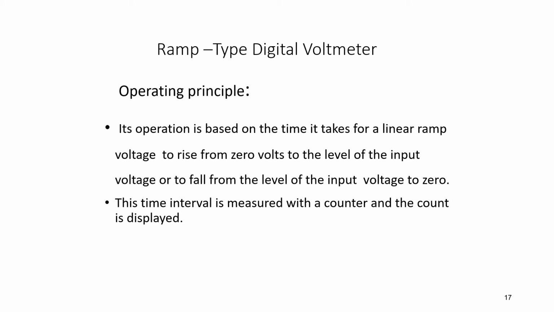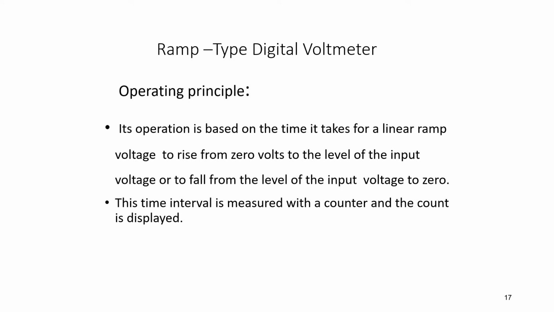So the problems which were encountered in one type of circuit were tried to be overcome in the next circuit. Again, the problems which were faced in the next circuit were improved in another circuit developed. So in this way, the voltmeters from basic ramp type digital voltmeter to successive approximation type digital voltmeter and dual slope integrating type digital voltmeters were designed.